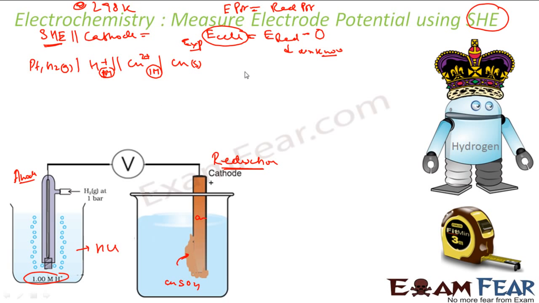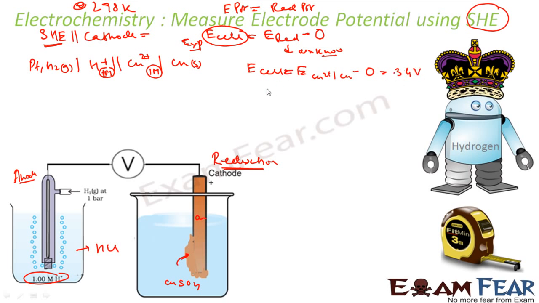Correct? So for this, E cell is nothing but E reduction minus E oxidation, and this is 0. So experimentally we'll get this value. E cell is E reduction of Cu2 plus to copper minus E reduction of H plus to H, which is 0, and E cell experimentally will be found to be 0.34 volt.